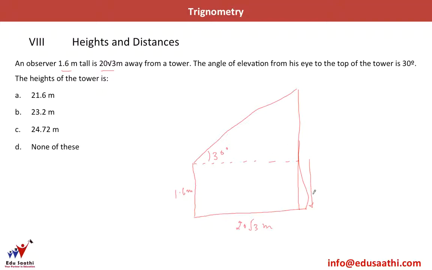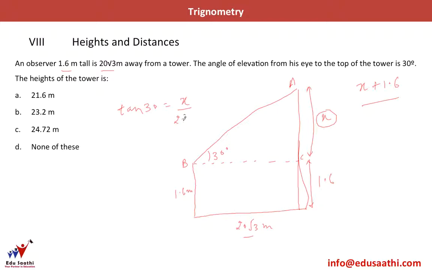I know that this height h here will be 1.6. If I can find out this height x here, I'll just add x plus 1.6 and this is the height of the tower. So apply tan formula for this triangle A, B and C. So tan 30 is the perpendicular, which is x, divided by the base, which is 20 root 3.